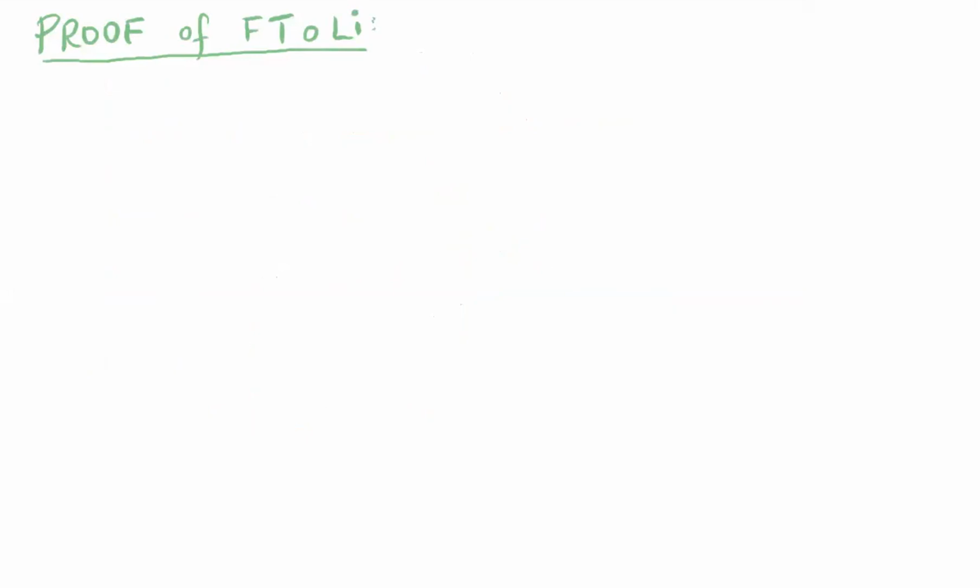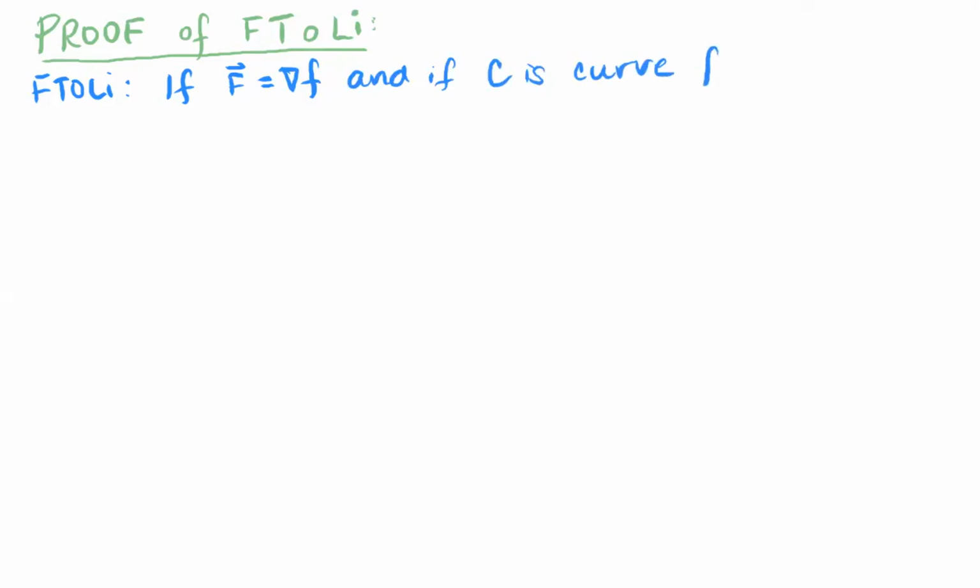I'm proving that if vector field F equals gradient f for some function little f, and if C is a curve r of t from A to B, then the line integral over C of F dot dr is f of B minus f of A.